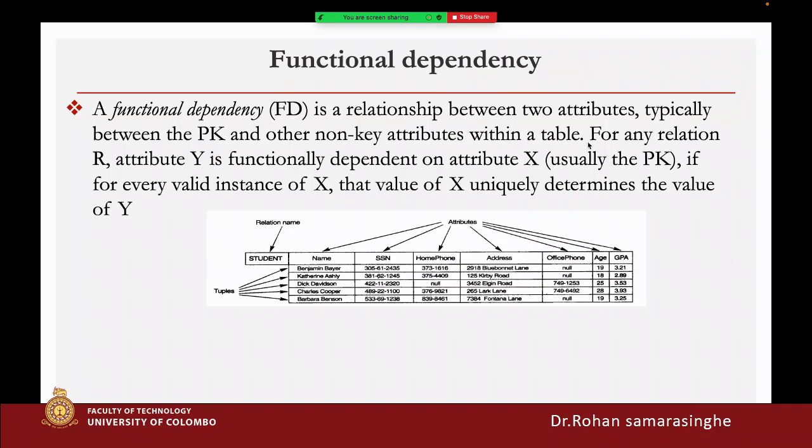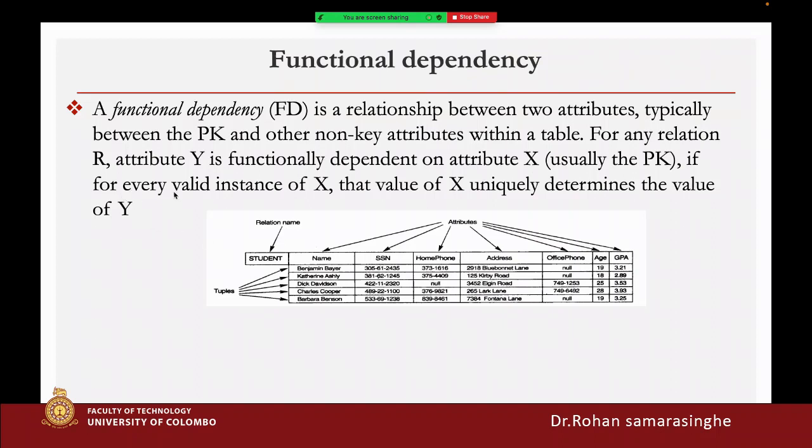For any relation R, a student, let's see, Y is functionally dependent on attribute X. SSN, and the name and other attributes depend on attribute X. Say S is the SSN of this one.